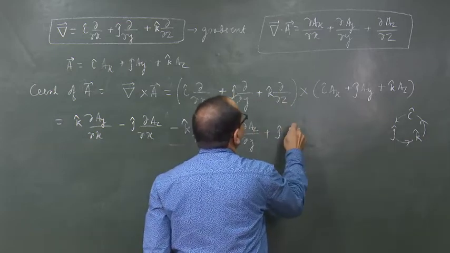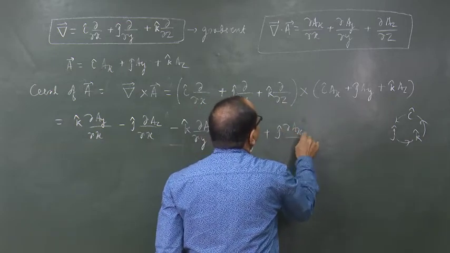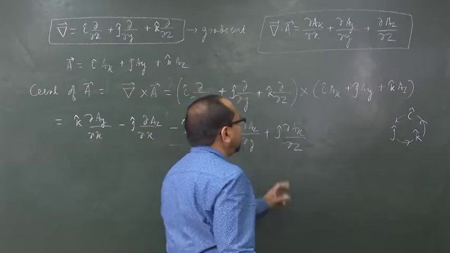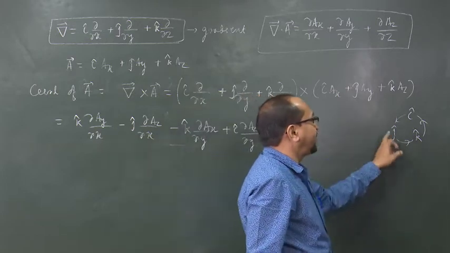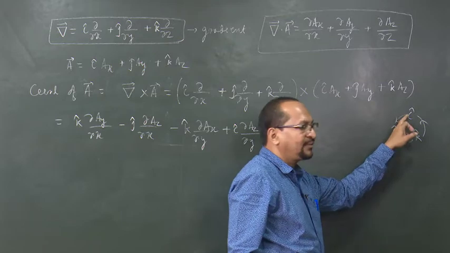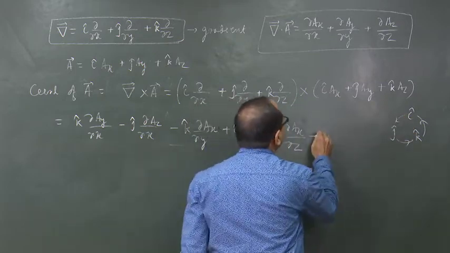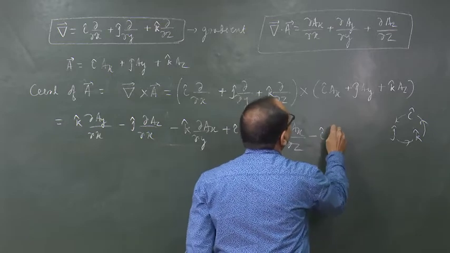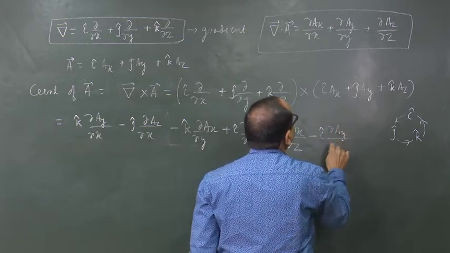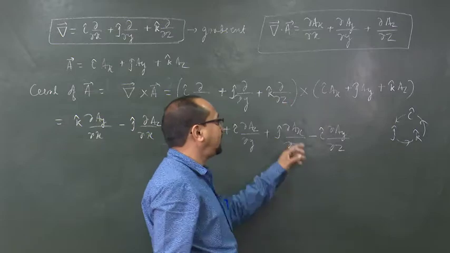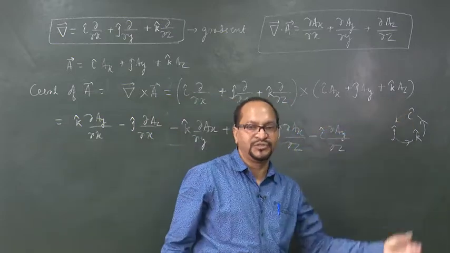So, it is j cap del Ax by del z. Then k cross j is minus i cap, it is in the reverse direction. So, it is minus i cap del Ay by del z, and then the last term k cross k is 0.